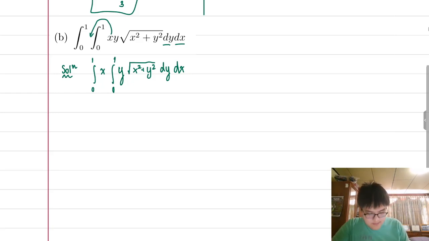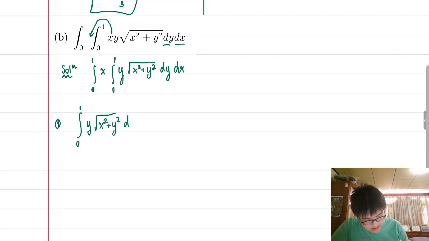Okay, first, the integration from 0 to 1 of y square root of x squared plus y squared dy. How do we cope with it? You can see it has a product of terms together, and we would like to cancel out some term, so I would like to use a technique we call substitution.